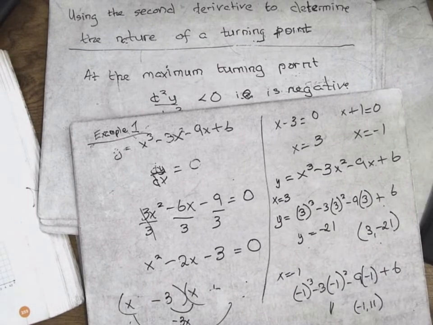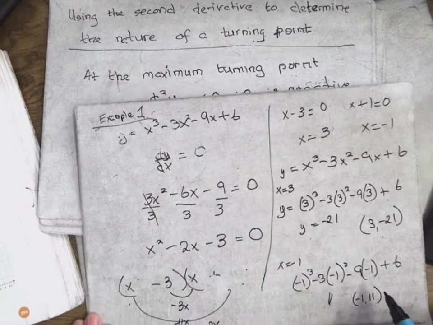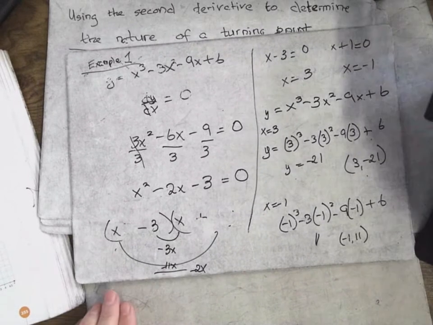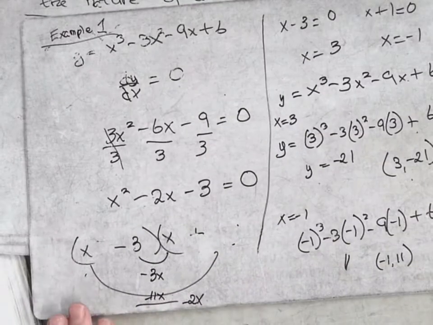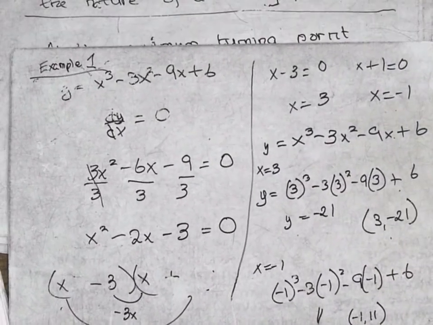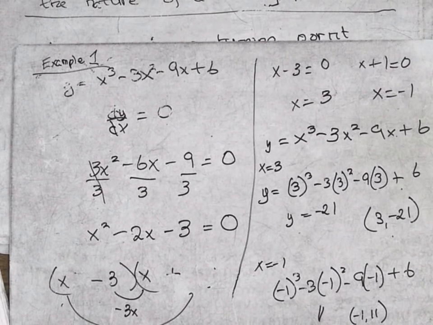You wouldn't do it unless they specifically ask you to. Sometimes they'll say, find the turning point, say whether it's a max or a min, and then you just graph, because it's faster.